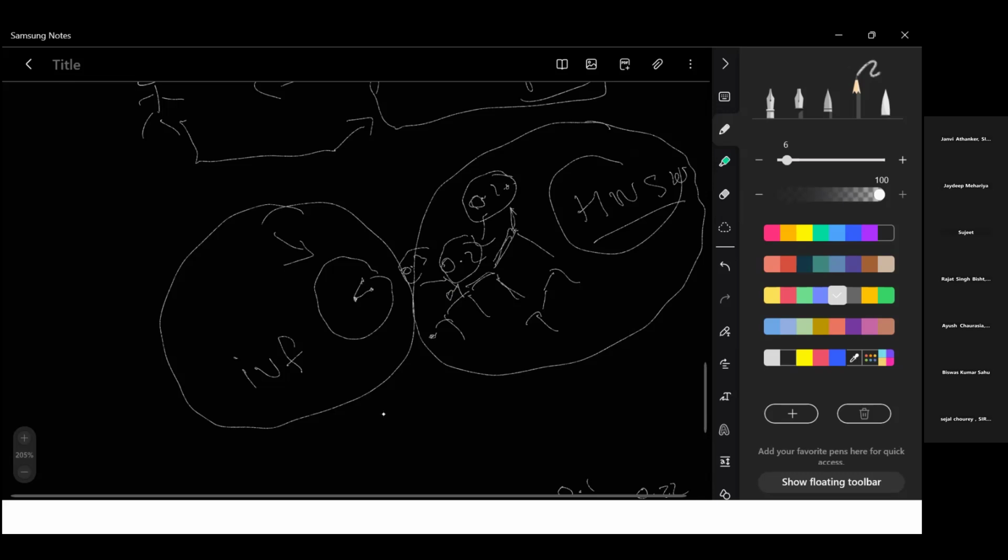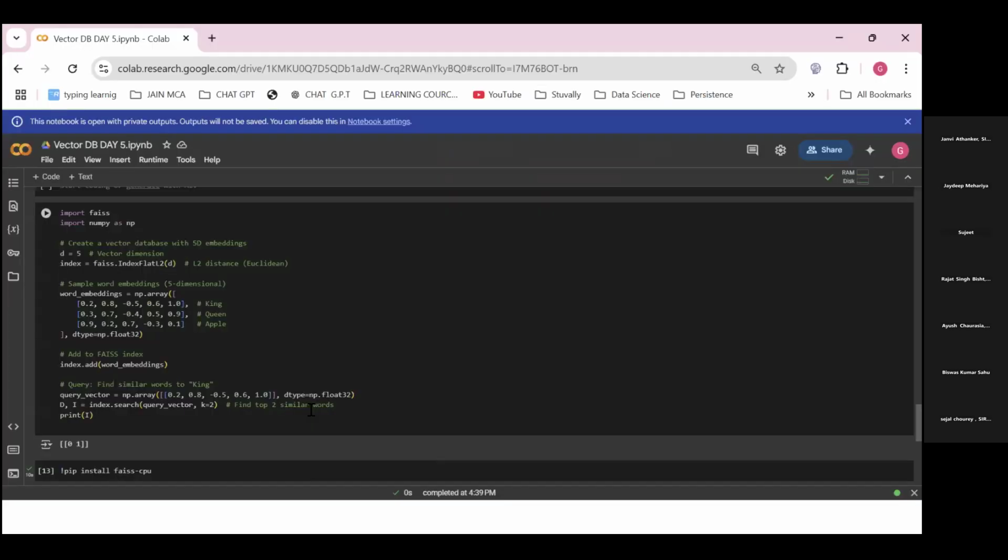Okay, so these are the steps, and you can see the coding. Here, first we are converting into d equal to 5. That means first we are converting into a 5-dimension vector database, and after that we are using the distance. I told you, whatever distance you can use. Here we are using the Euclidean distance.